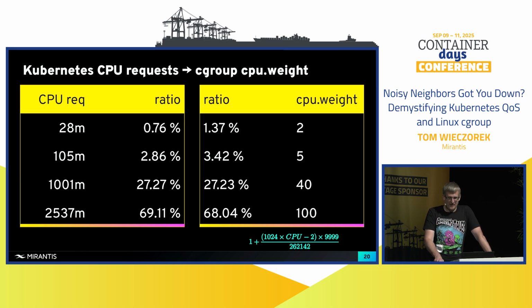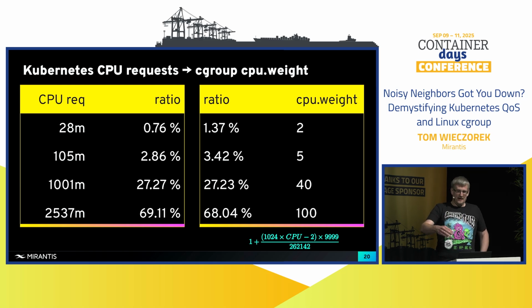On the left side we have CPU requests and the ratio which you should expect. If you sum this up and take the relative ratio, then you get 0.7, 2.86, and so on and so forth. And on the right side we have the actual CPU weights as calculated by the formula below. And then you see the ratios don't match up.